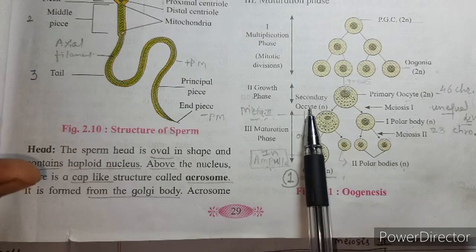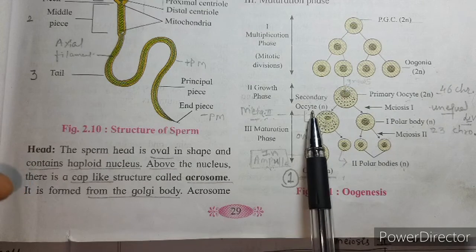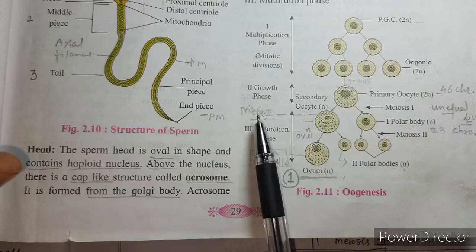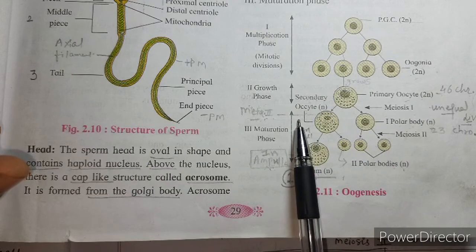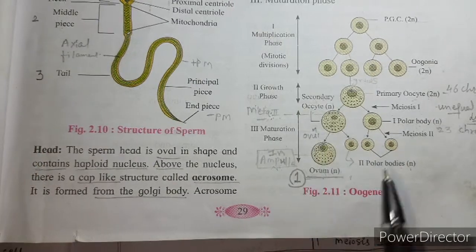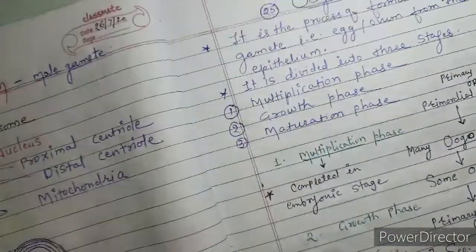The Graafian follicle breaks down and releases the secondary oocyte in the peritoneal cavity. This secondary oocyte, in which meiosis II is arrested at metaphase II, is liberated. Now if you remember the female reproductive system, I will show you students.